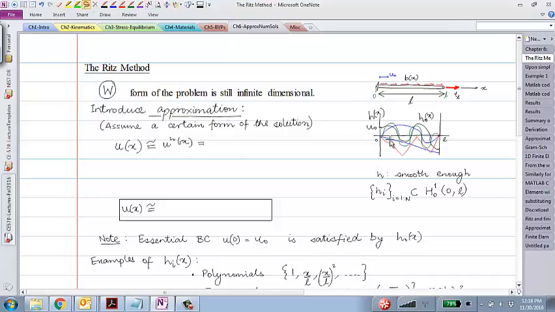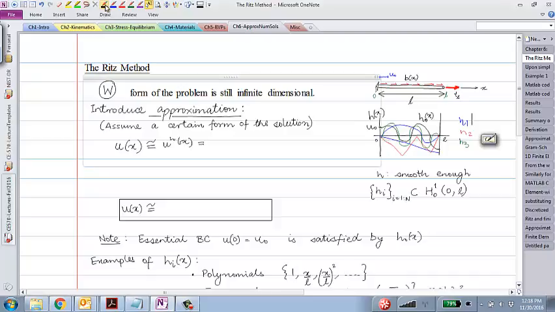And it can go to any value at x equal to L or any other place, but at x equal to 0, all of these functions that I'm drawing, h1, h2, h3, all of these functions have to be continuous, and they have to be in h1, and they have to go to 0 at that point.